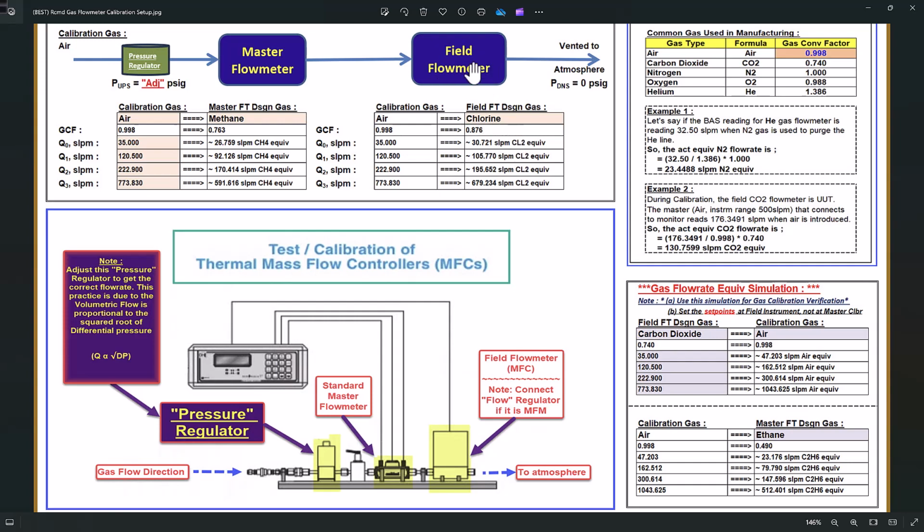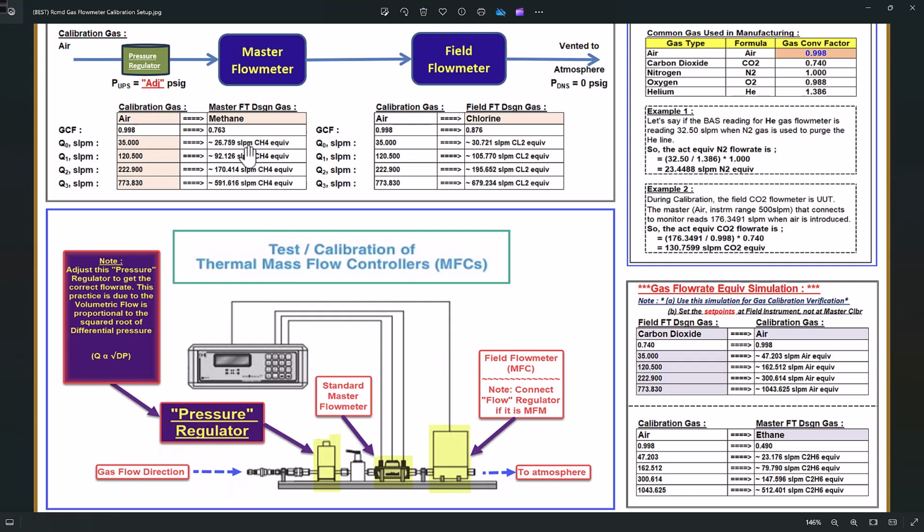Meaning this fuel flow meter can only be used to measure chlorine gas, and the master flow meter is used to measure methane gas. So if we use air as a calibration medium gas, we need to find out the equivalent air flow rate.